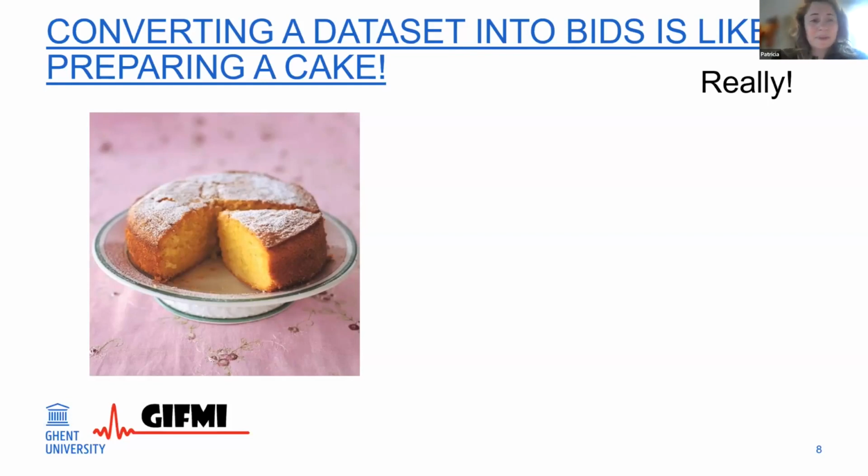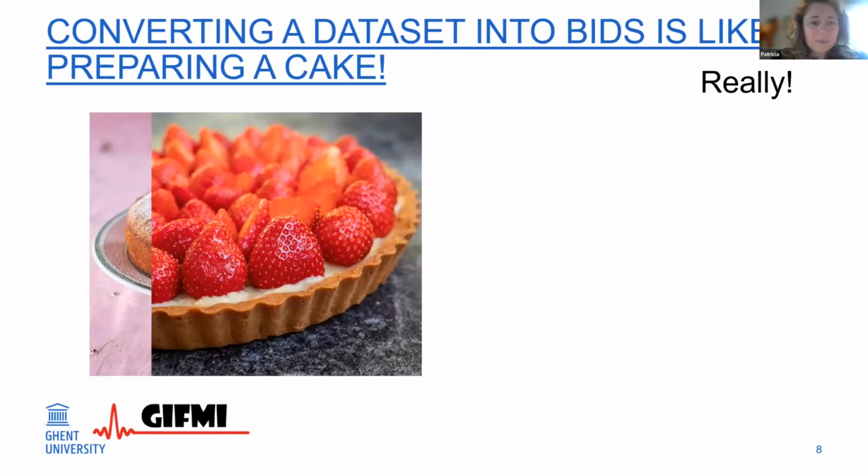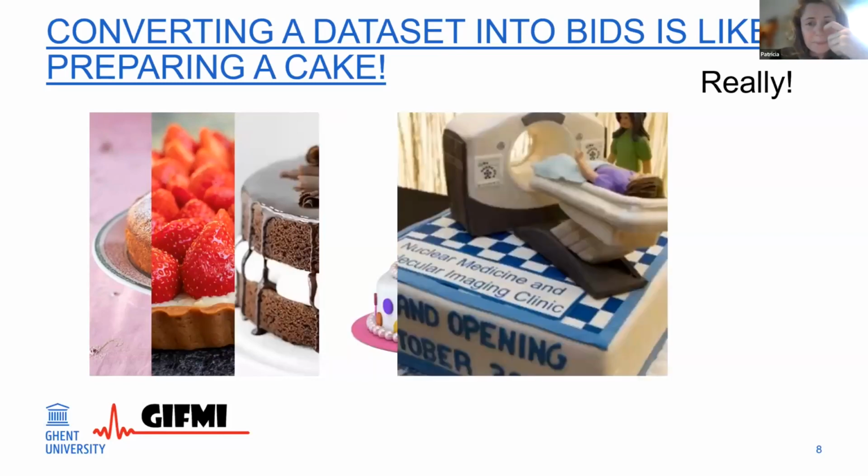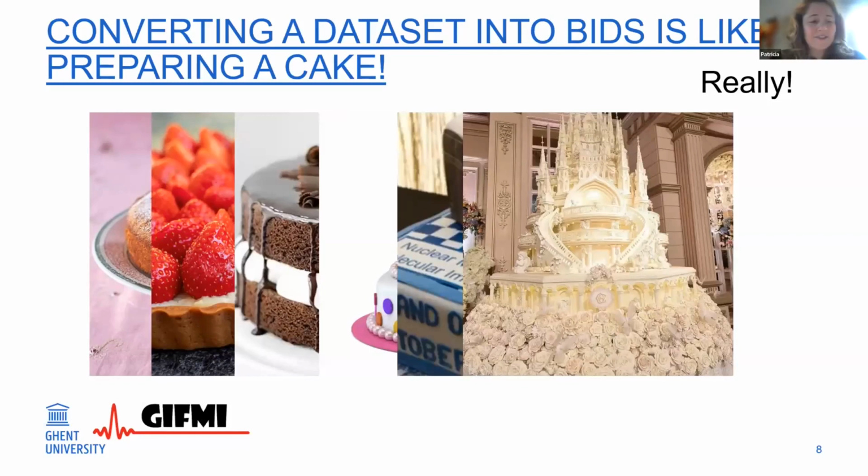So you start with a simple cake, and after a while, you make it more fancy, you add extra things, you learn new techniques, you make it better and better, and at the end, you're like an expert in converting your data sets into BIDS, even the most complex ones, including techniques such as ASL, which is, to be honest, a very complex one to convert into BIDS. So how do we do it?